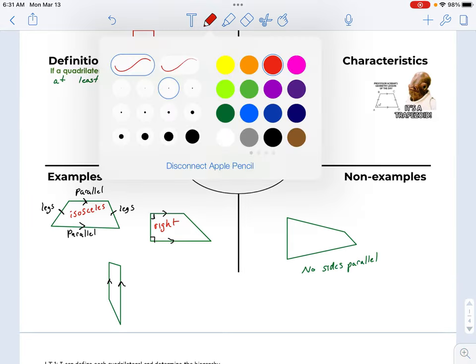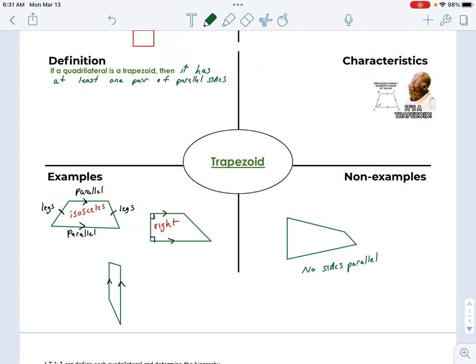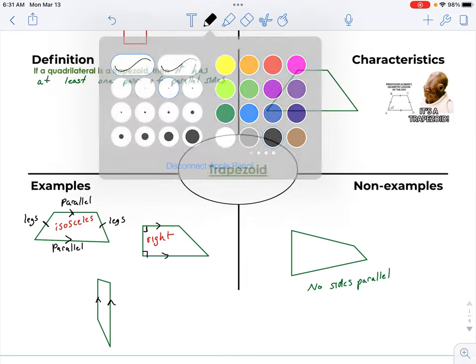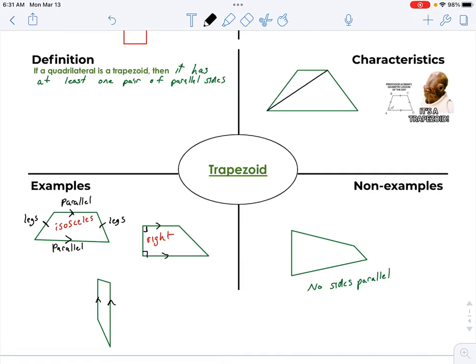Characteristics. So this right here, there's some diagonals. All right, here I'm gonna pause a moment so you can write that down.